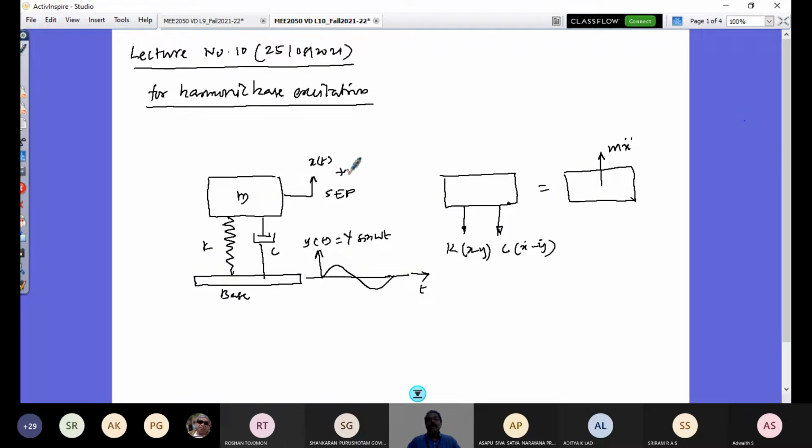Considering this is positive upward, I would be able to write the equation: minus k into x minus y, minus, it's not plus, that's minus c into x dot minus y dot, that's equal to m x double dot. So bringing these terms to the other side, I would have m x double dot plus c into x dot minus y dot plus k into x minus y equals 0.